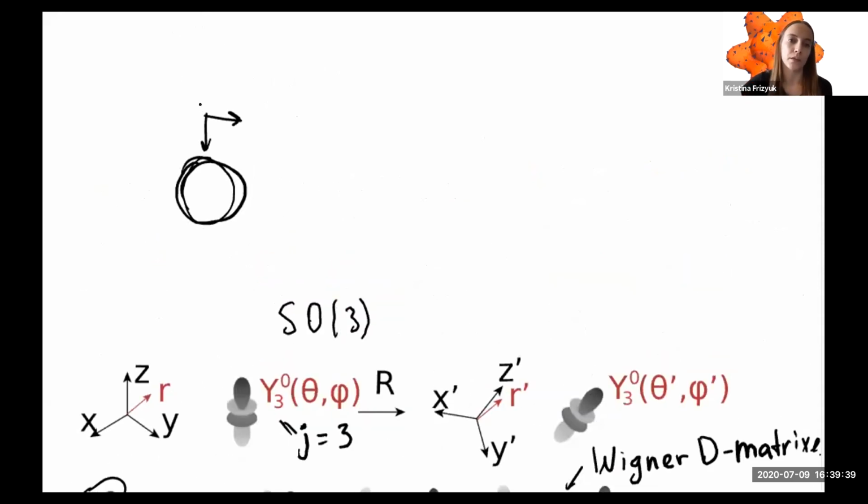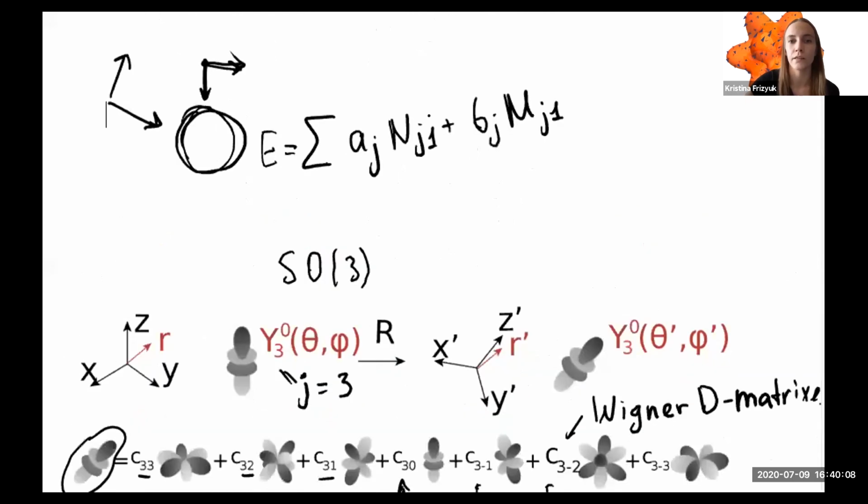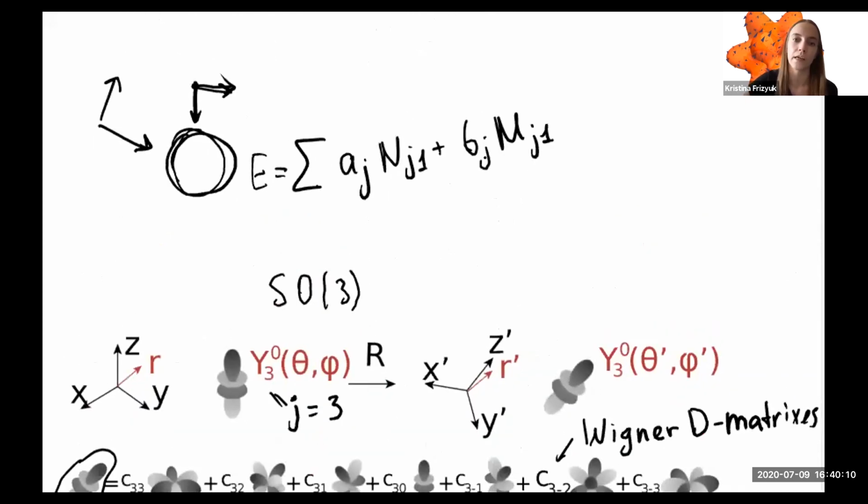So if we know the solution under some particular plane wave, as a sum of vector spherical harmonics with m equal 1, and we want to find the solution under a rotated plane wave, we can use this rule and rotate all of them and obtain our solution.